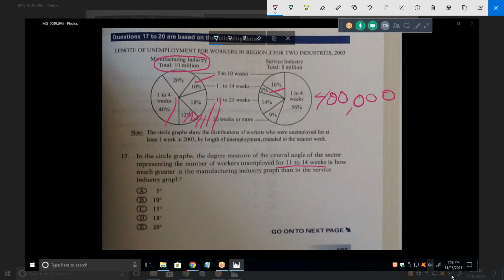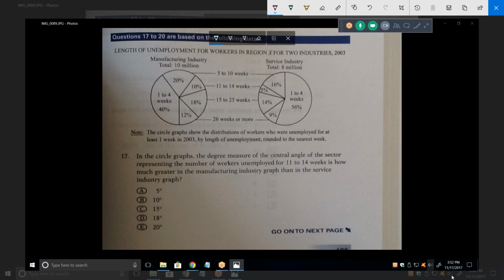The degree measure is how much greater. Okay, now I get it. Apologize.